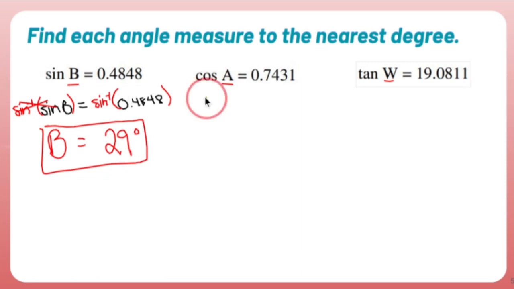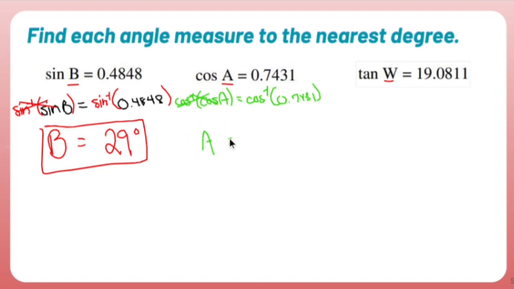I'm going to write this guy again, cosine A equals, leave myself some space, 0.7431. In order to get rid of cosine, I have to inverse cosine. Some teachers call that arccosine. Inverse cosine both sides. That crosses the cosines out.